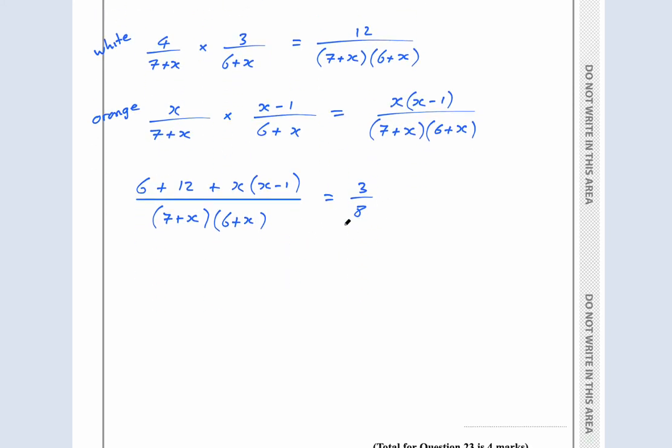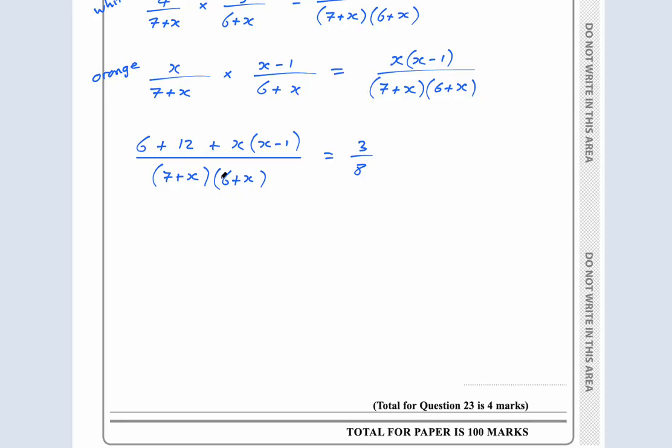So how do we find x? Well, we have to solve a pretty challenging quadratic. So let's do it. I need to do 6 plus 12 is 18, plus, multiply this out, x squared minus x, over 7 plus x times 6 plus x equals 3 over 8.